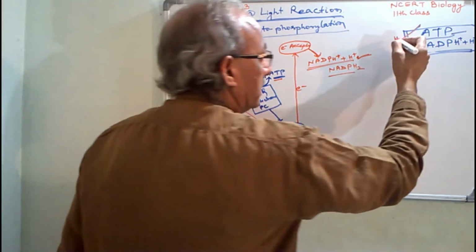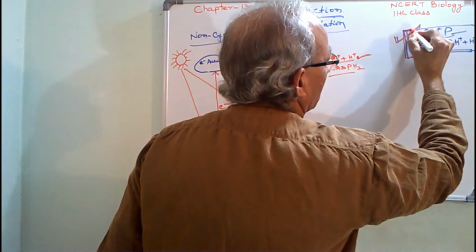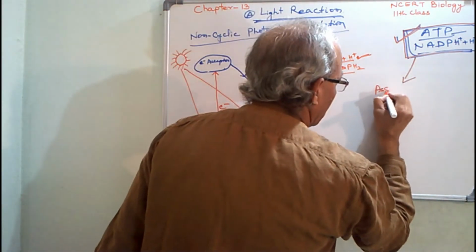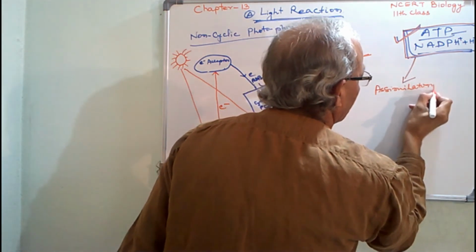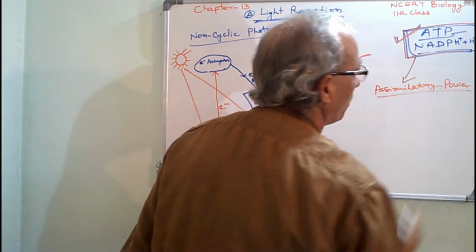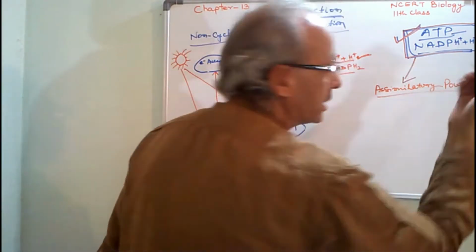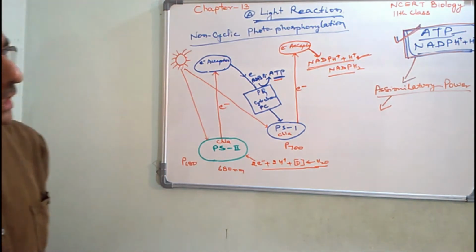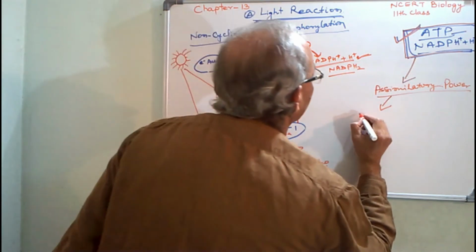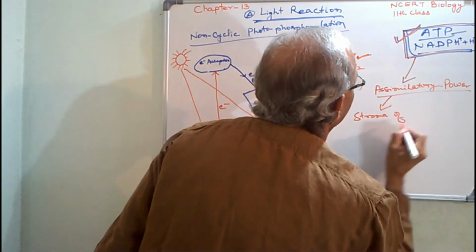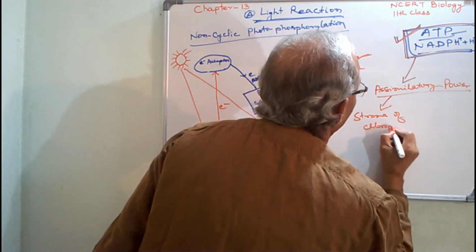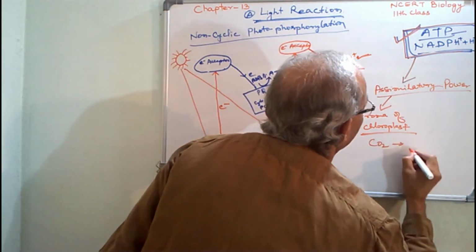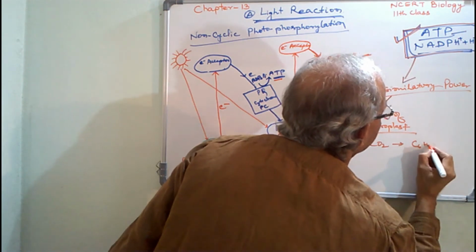And this combination of the two high energy chemical intermediates is together called assimilatory power, or reducing agent, because after light reaction these assimilatory powers, ATP and NADPH, enter into the stroma of the chloroplast, where they reduce the carbon dioxide into C6H12O6.